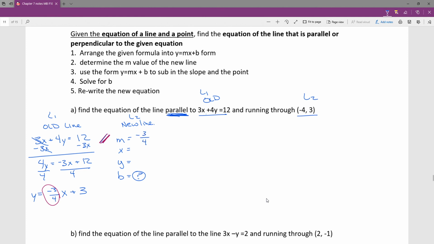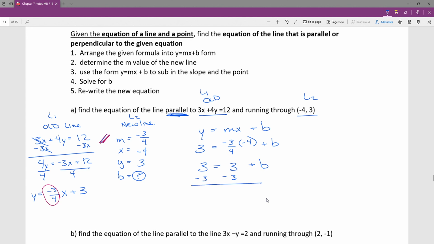This point on the second line gives me my x value and my y value. So now I can see that it's the same as the way I've been doing these before. I've got everything but the b value to sub in, and then I can solve for b. So I get the next line being 3.